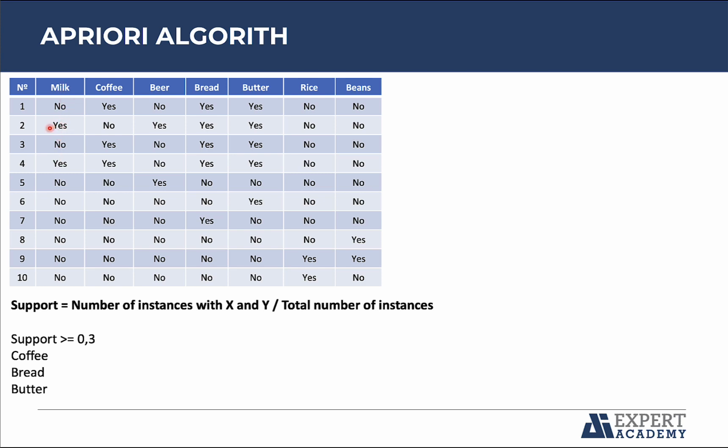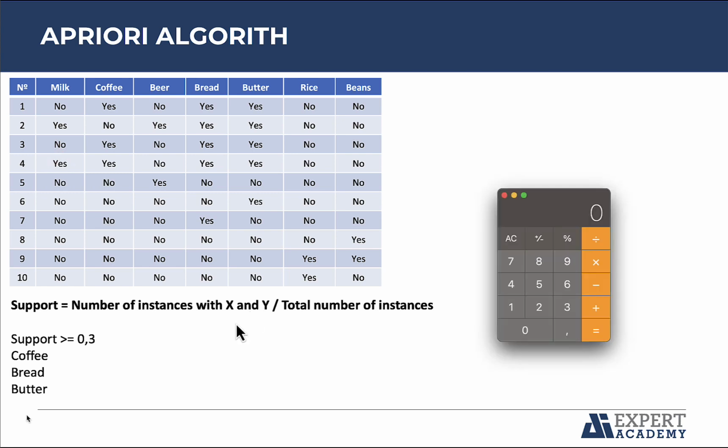It was bought in 1 and 2 transactions. So the number of instances of X, only one product, is 2 divided by the total number of instances, which is 10. 2 divided by 10 equals 20%.